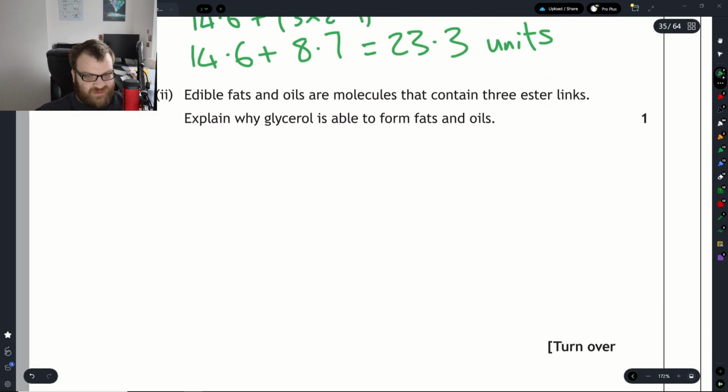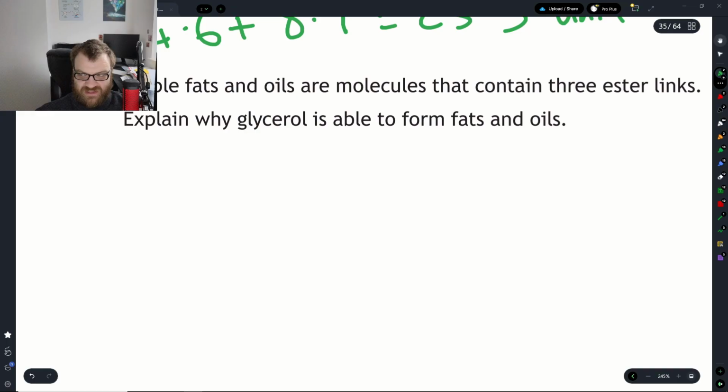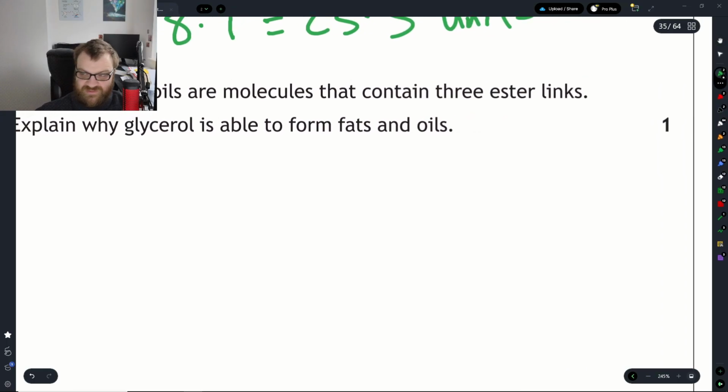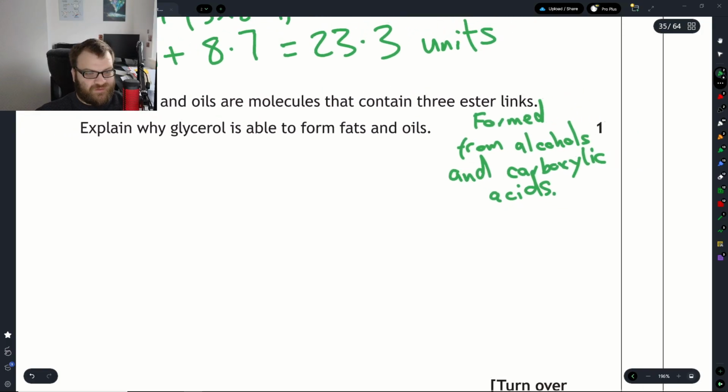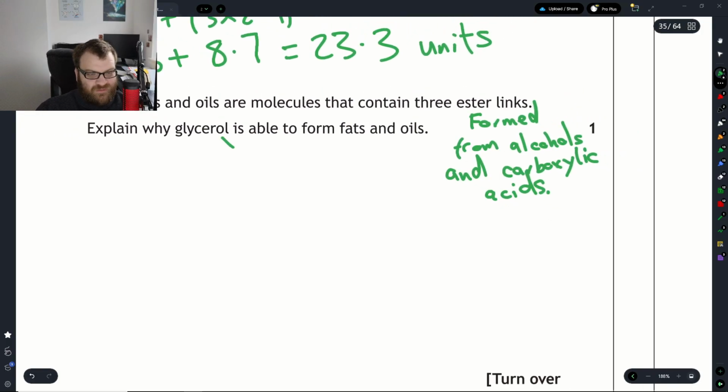Next one, we're asked about things making ester links. Where the esters are formed, from carboxylic acids. You're talking about glycerol. This means that it's an alcohol as it has OH groups.